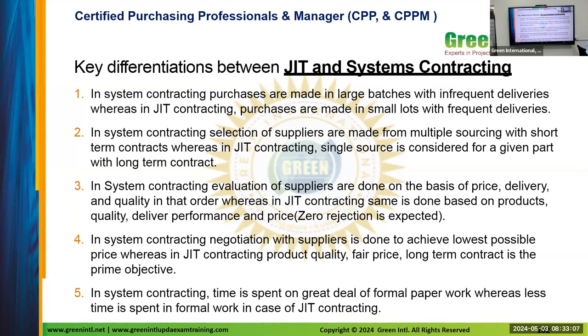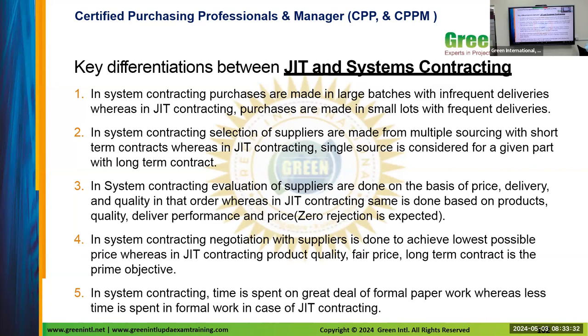However, when you consider just-in-time, you need to consider a long-term contract. Price is a very critical factor. The price should be fair enough that it covers the bare minimum margin of the supplier, or maybe a little more than his minimum margin since he is supporting you.